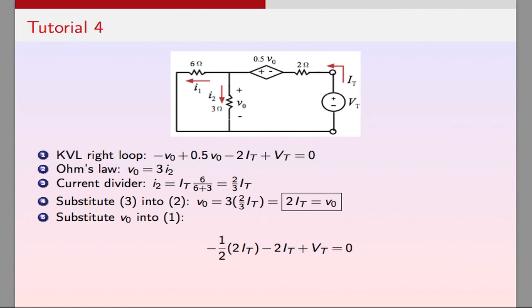And from this equation, we can find the ratio of VT over IT, and this gives us 3 ohms. And this is our R Thevenin. And this is the same result we obtained in the previous technique.